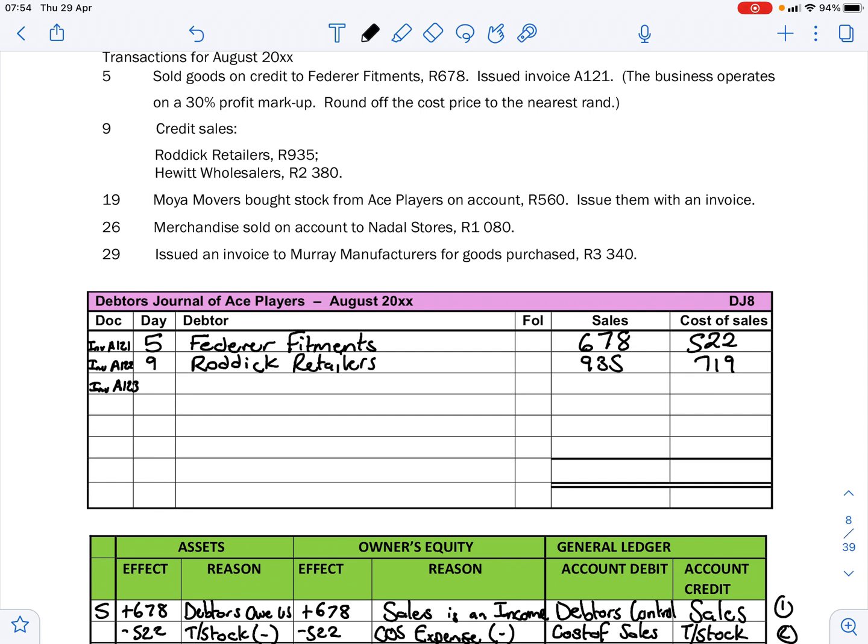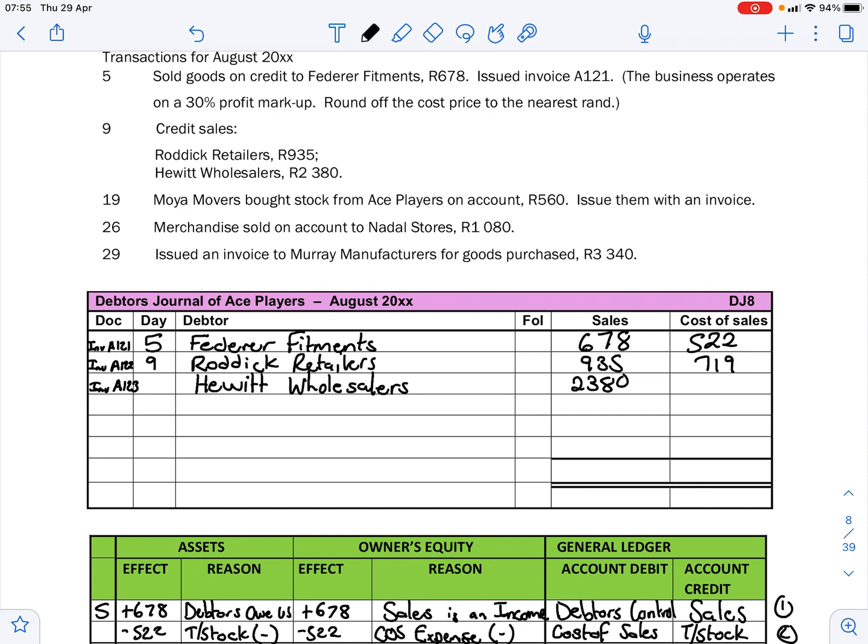The second transaction on that day was to Hewitt wholesalers. And the selling price was 2,380.